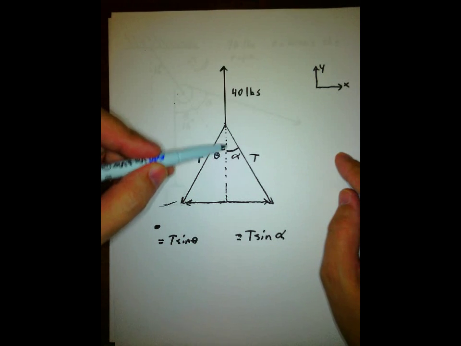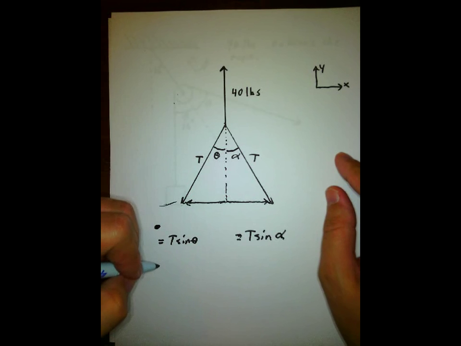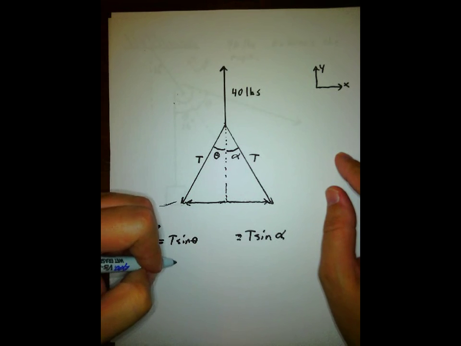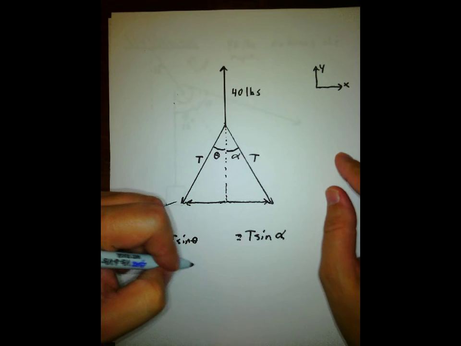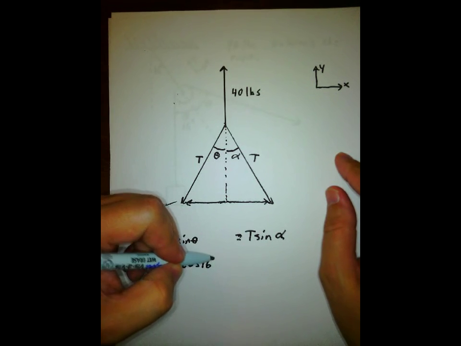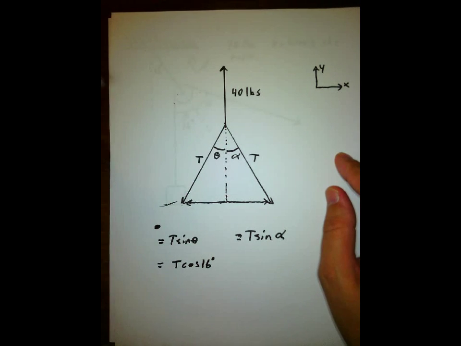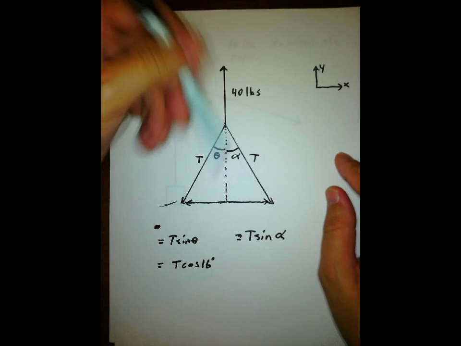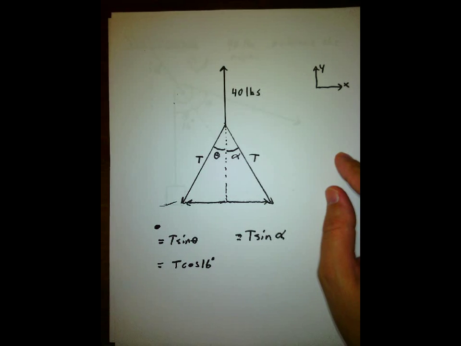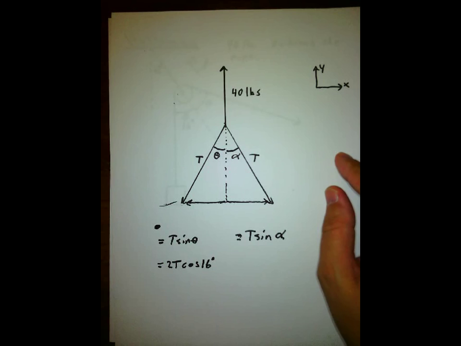Alright, now the vertical component for this vector is going to be T cosine 16. And the vertical component for this vector is going to be the exact same thing, and they're both pointing down. So there's going to be two of them. So it's going to be 2T cosine 16.